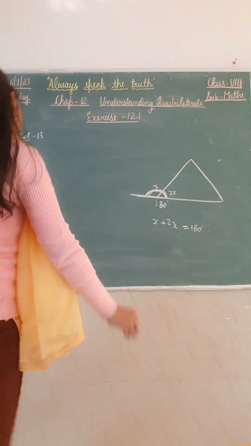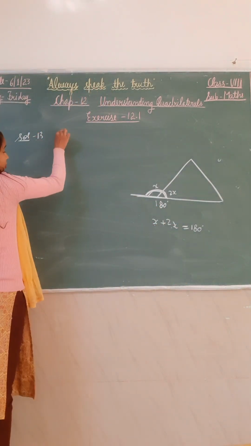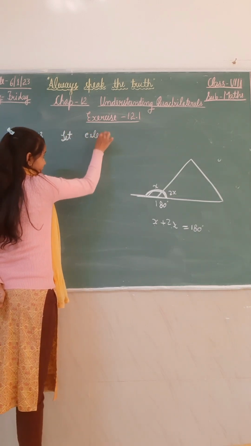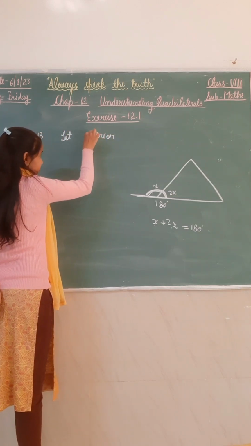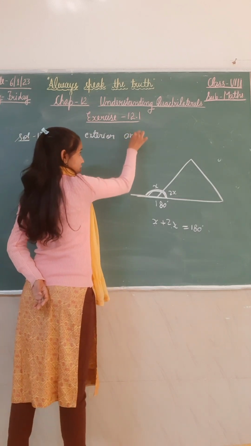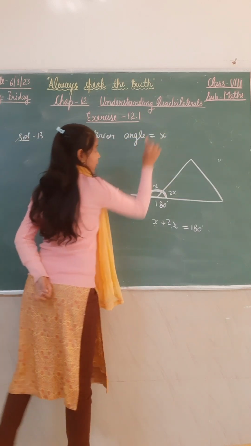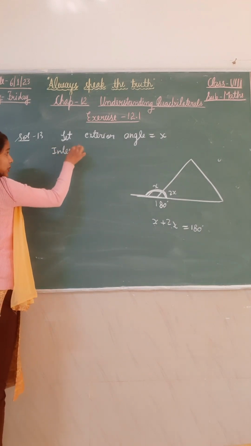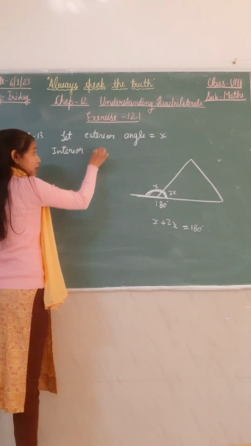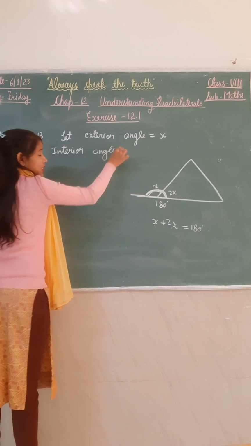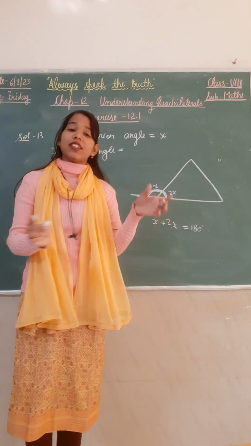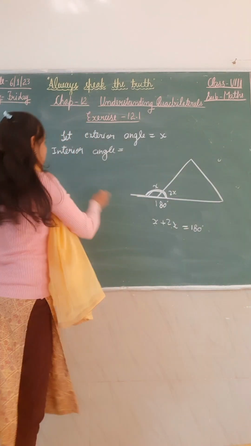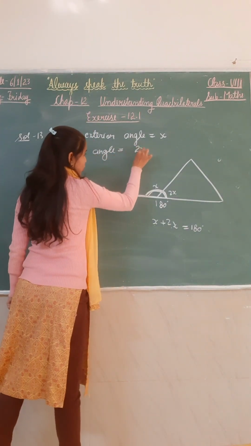So let's do it. Firstly we will assume, let the exterior angle be x. So what will be the interior angle? It will be twice of x, right? Because it is given that each interior angle is twice of its exterior angle. So the interior angle will be 2x.